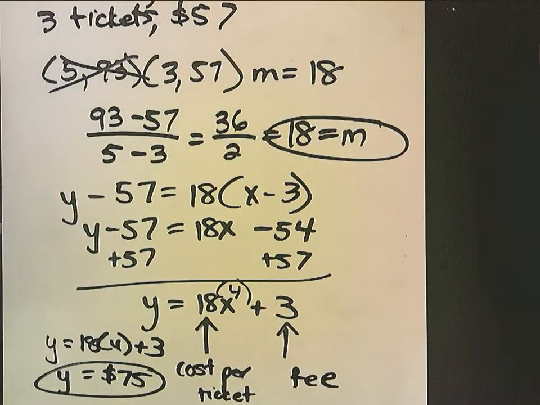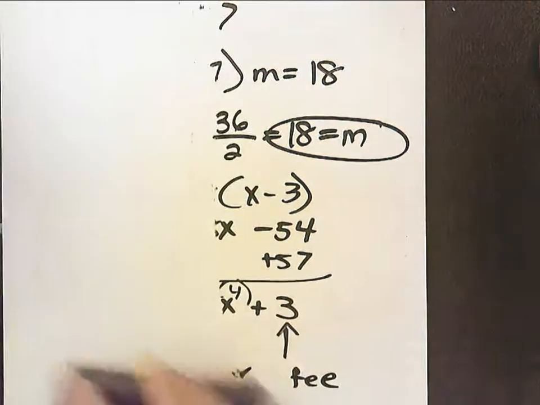Now, the next one says, a taxi driver charges a $5 fixed fee and $1.50 per mile. Write an equation showing the total cost as a function of miles. Total cost would be my y, and miles would be my x.